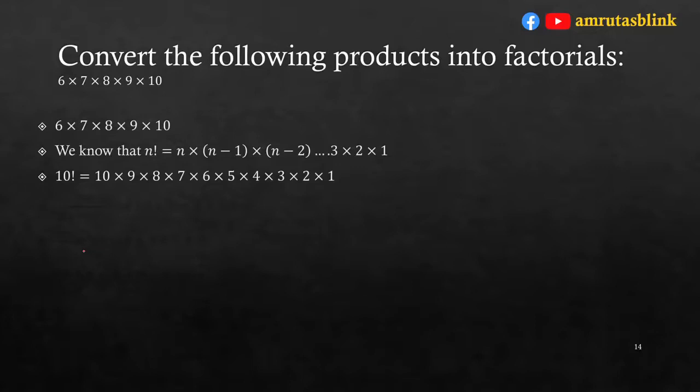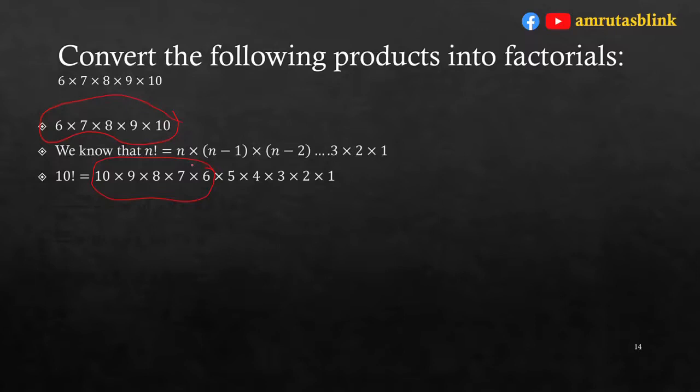Now what is asked in the question is 6, 7, 8, 9 and 10. So here also in 10 factorial these numbers are there. That is 10 factorial is equal to 10 into 9 into 8 into 7 into 6, but as well as 5 into 4 into 3 into 2 into 1 is also there.